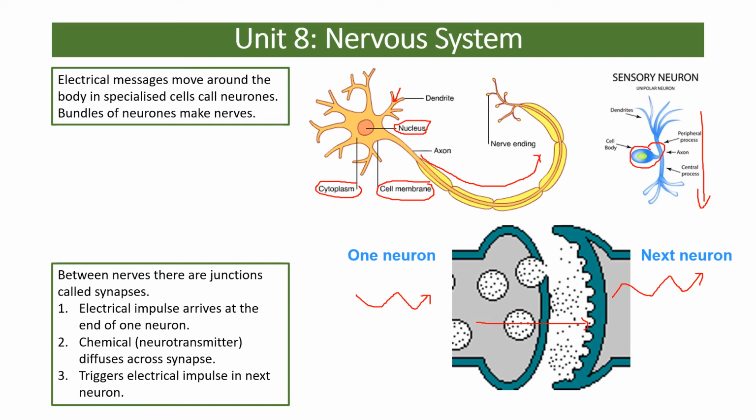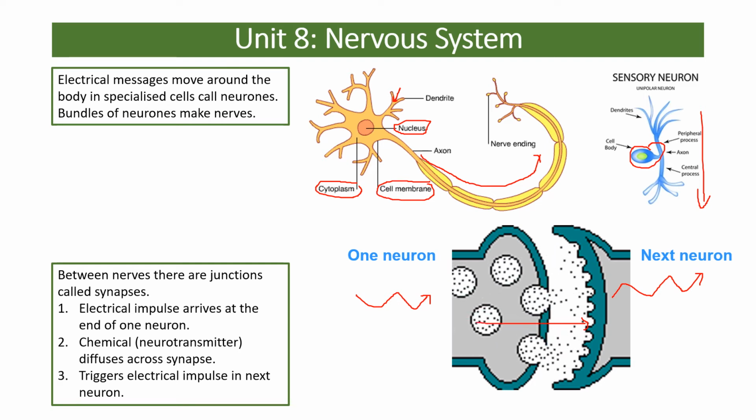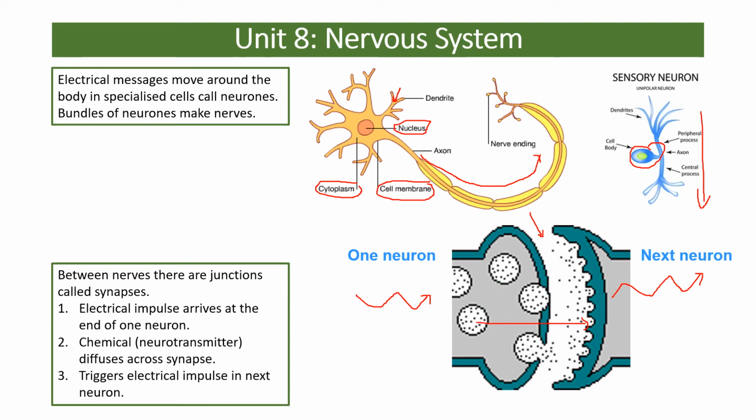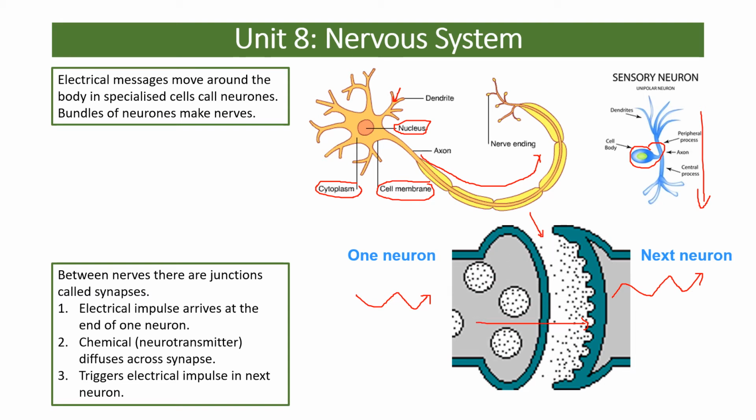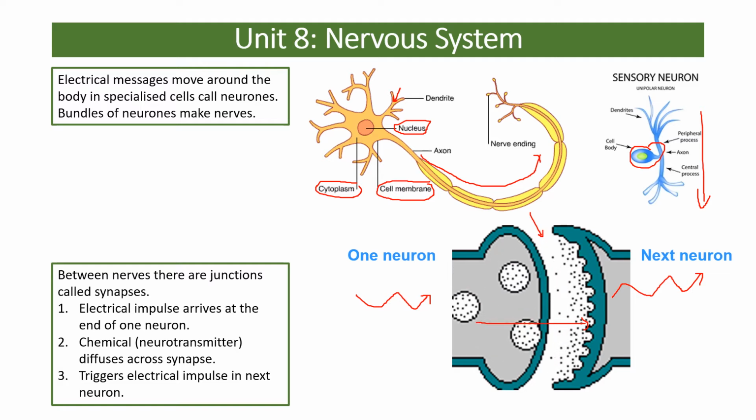It's this area which is affected by drugs a lot of the time. Depressant drugs might slow this transmission, this diffusion or release of neurotransmitter, and stimulant drugs might increase the amount of adrenaline or noradrenaline released.